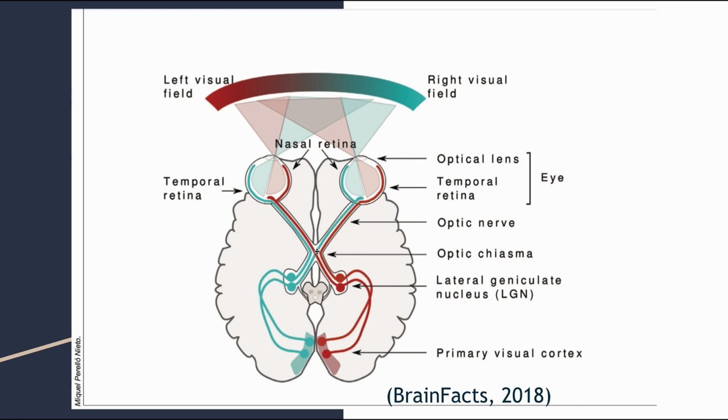So they cross or just go along their neural tract at the optic chiasm, and then they reach the LGN, which is a region of the thalamus, and the thalamus is a brain part that manages most of the sensory information except smell. And then they reach the primary visual cortex at the occipital lobe. This is basically how vision works, but in a very brief manner.